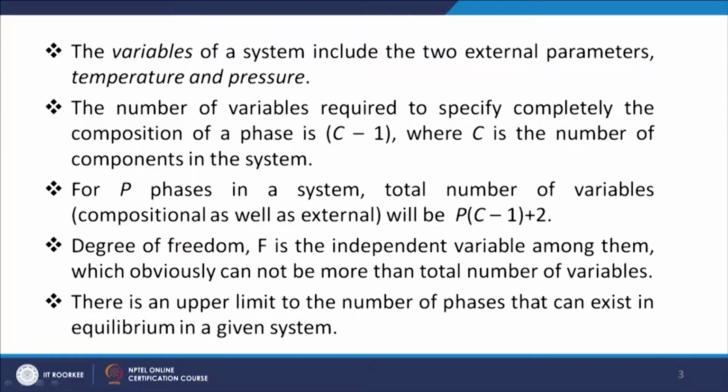Normally you have two external parameters for a system, temperature and pressure. If C is the number of components in the system, then the number of variables required to specify completely the composition of a phase is C minus 1.